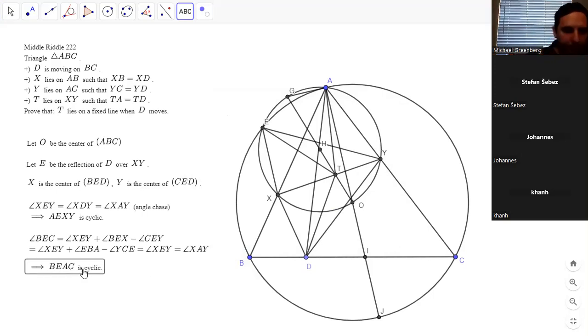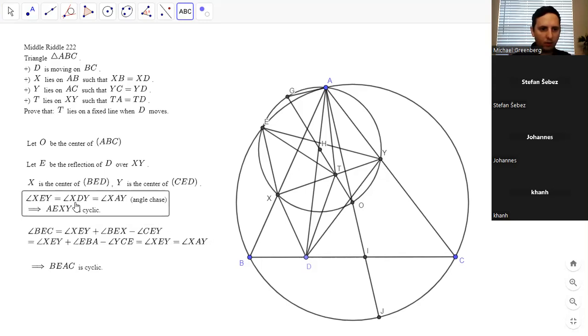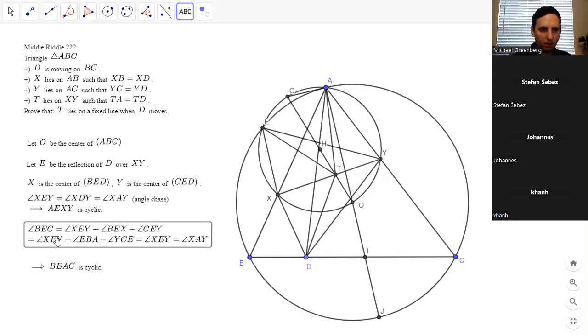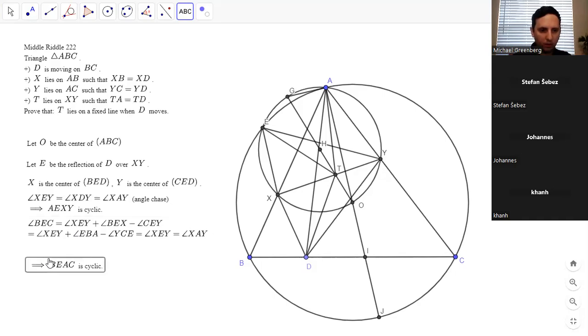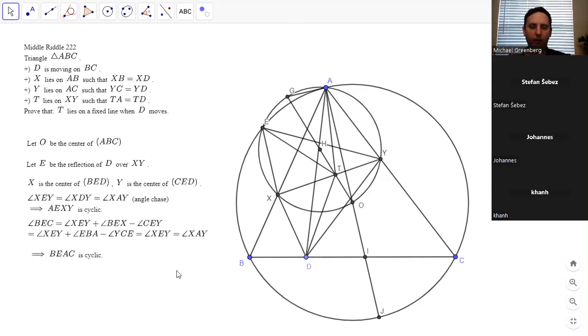And then, let's see. Let OT intersect. Oh, then we want to show O lies on it. Yeah, just show that EOA equals EXA. EOA is EXA.